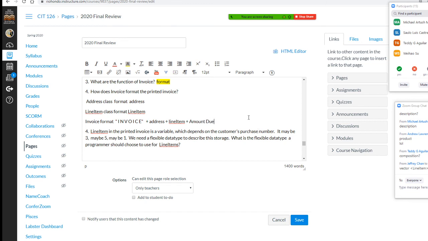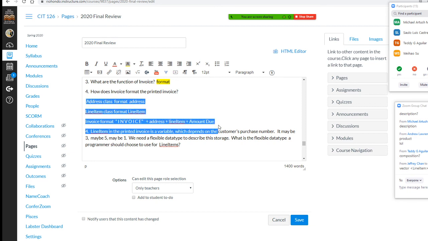All right. So the formatting is actually done by 3 parts. It will be on the exam. You listen or not. The address is done by address. The line item format is done by line item. So the invoice only formats the invoice and the amount due. Address is done by address, line item by line item, then you do amount due.